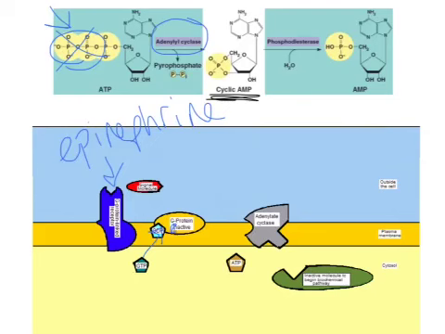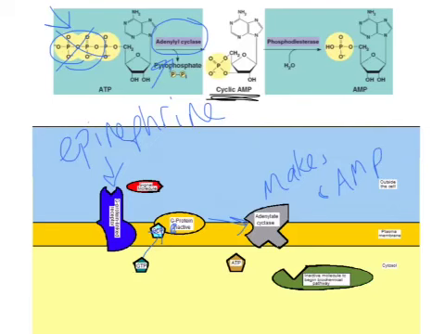So now it's active. So it comes over and it will activate that enzyme. Remember, the enzyme is inactive until the G protein scoots over and turns it on. If you come back up here, you'll see that the adenylate cyclase is what forms the cyclic AMP. So now I've activated the enzyme that makes cyclic AMP.